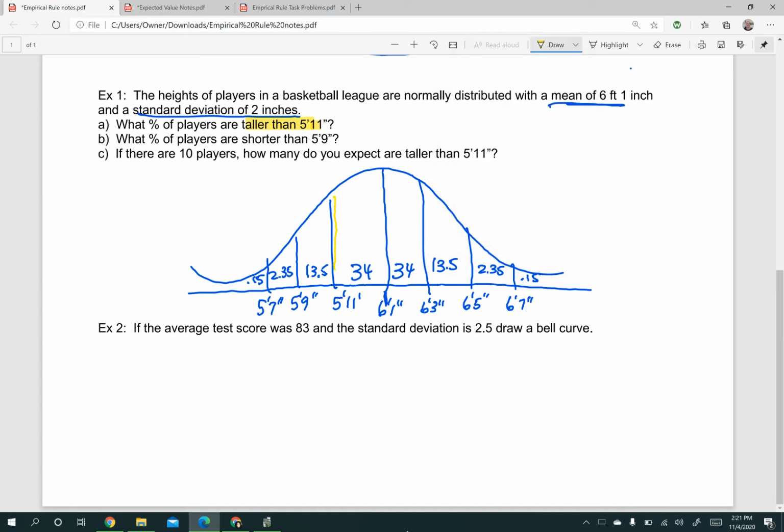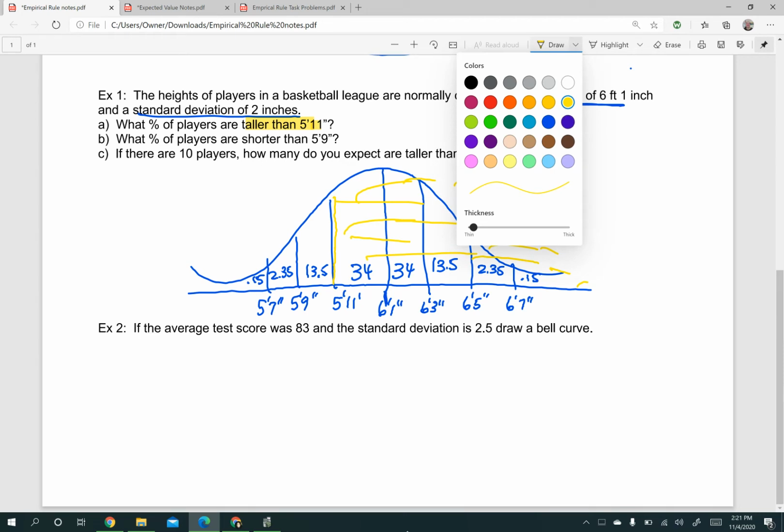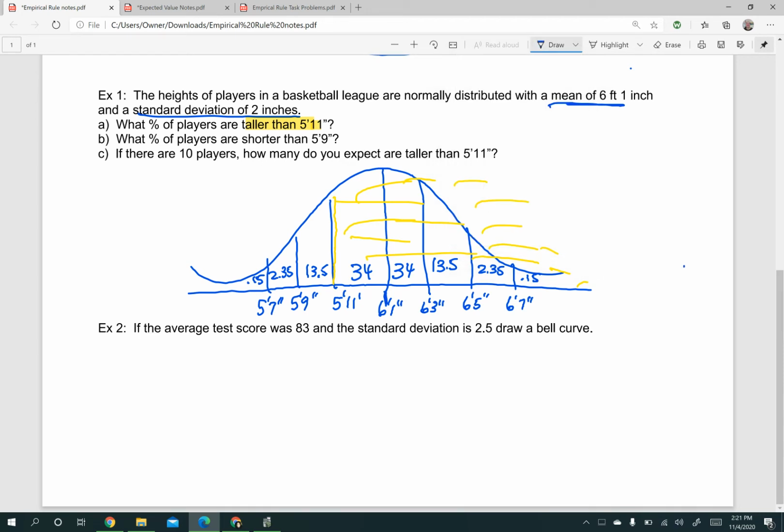So 5 foot 11 is right here. And taller than that would be all of this over here, right? Okay, so that means I need all of the percentages that fall from 5 foot 11 over. So that would be 34 plus 34 plus 13.5 plus 2.35 plus 0.15. And that should add up to 84%.